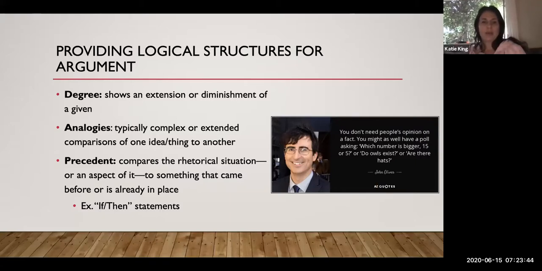And then finally, we have precedent, and precedent compares the rhetorical situation, or at least an aspect of it, to something that came before or is already in place. If-then statements. If this, then that. You're setting up a precedent.